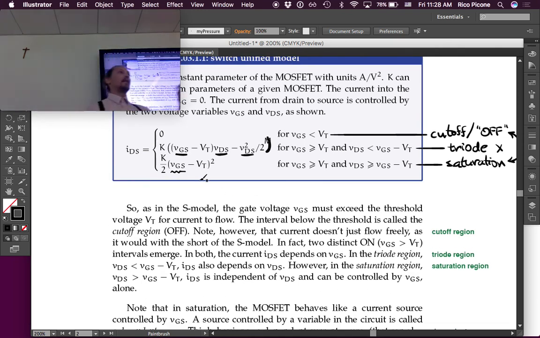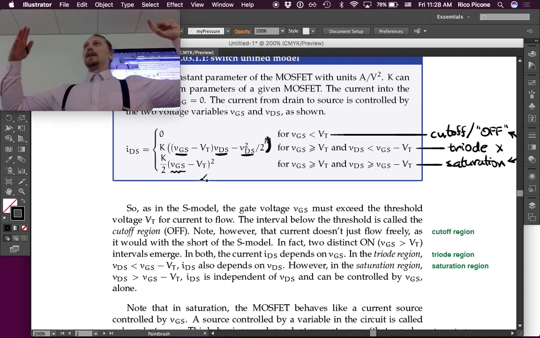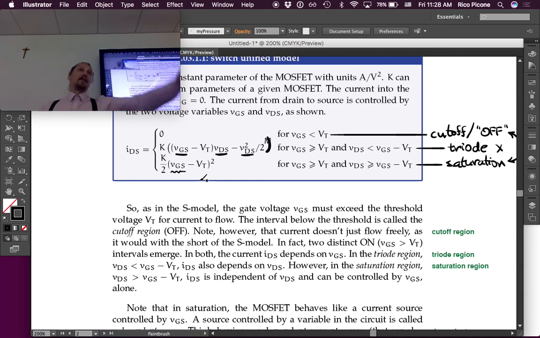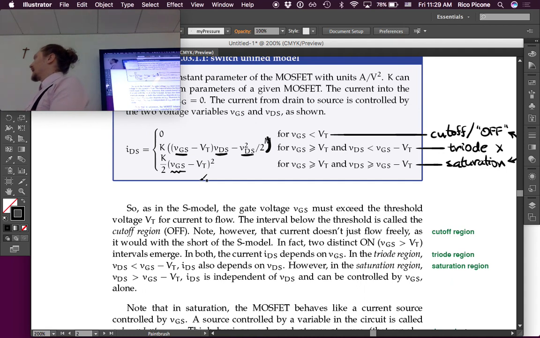So remember, the definition of a current source is that the current is specified, and then the voltage is whatever it needs to be to make the current what it is, right? So we specify the current, and then the voltage has to be whatever it happens to be to make that happen. This is that because it doesn't depend on voltage at all. It supplies a certain current regardless of what the voltage is across it.